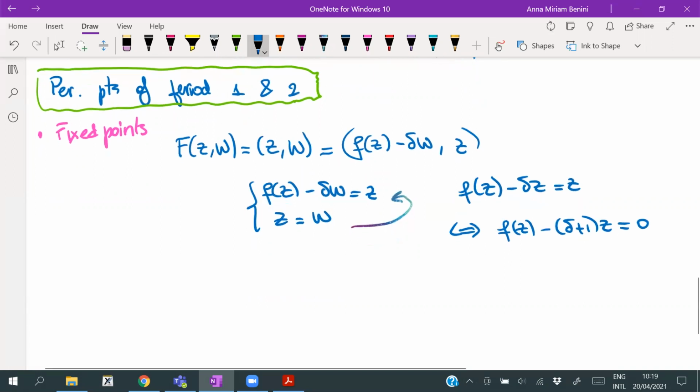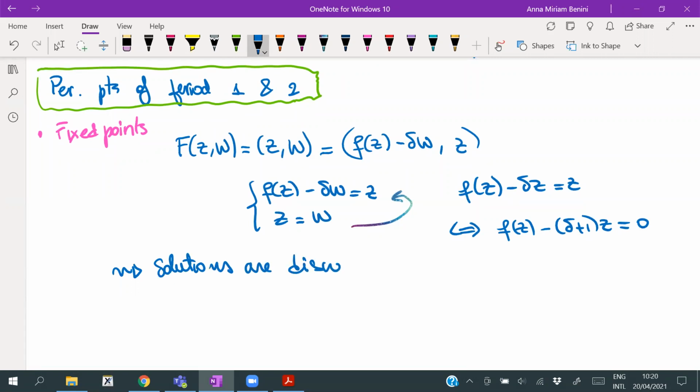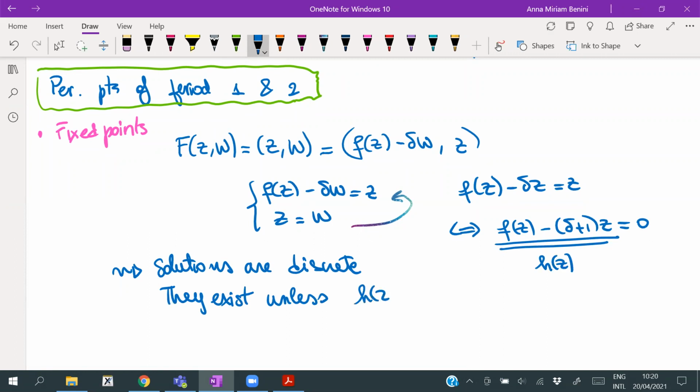So this is really an equation in one variable, so solutions are discrete, and they exist unless this function, let me call it h(z), is of the form e to the h tilde of z.